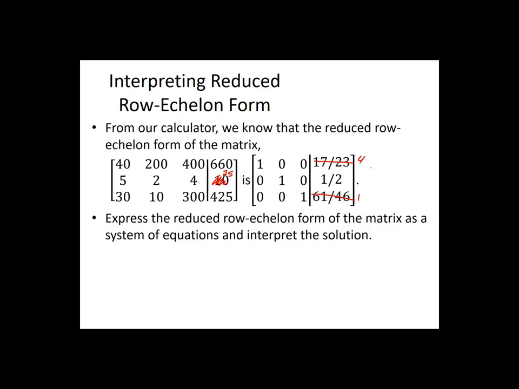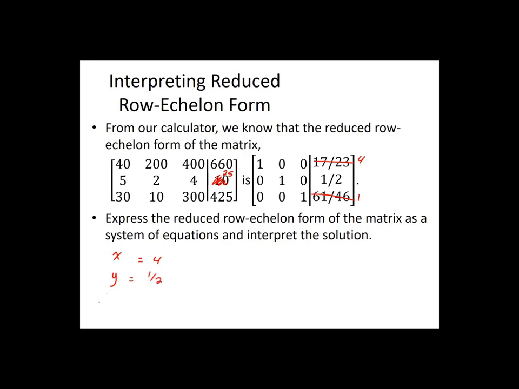This first row becomes the equation 1x plus 0y plus 0z, those we don't have to write, equals 4. So x equals 4. The second row is 0x plus 1y plus 0z equals 1 half.